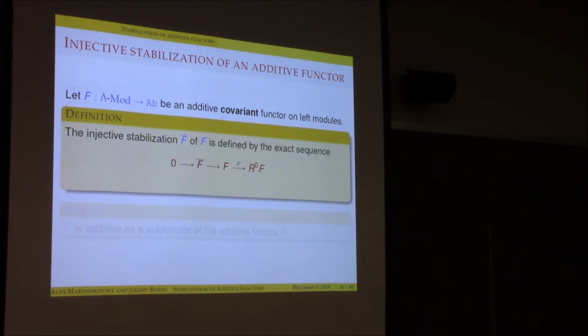And of course, when you look at the category modulo injectives, that's called the injectively stable category, and I think the terminology is due to Heller. And that's how you get those functors that vanish on injectives. Anything can be gotten this way.